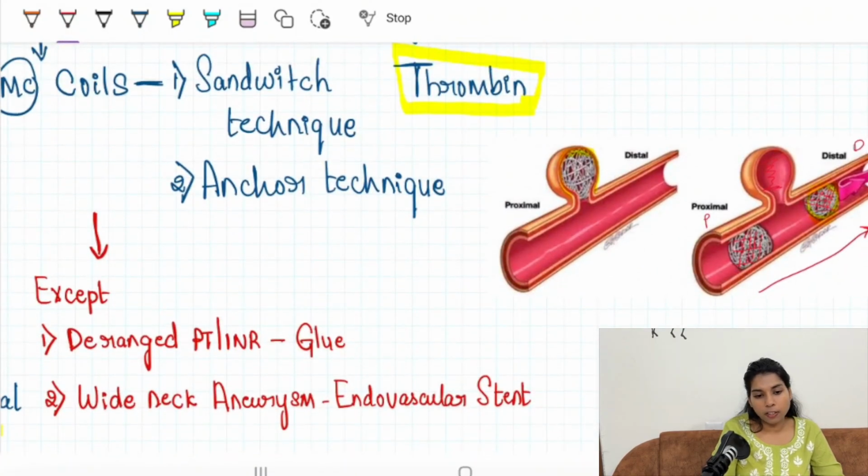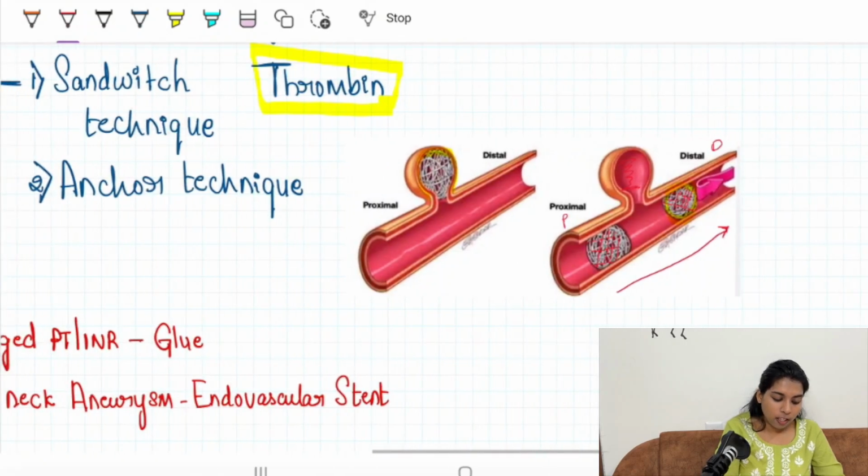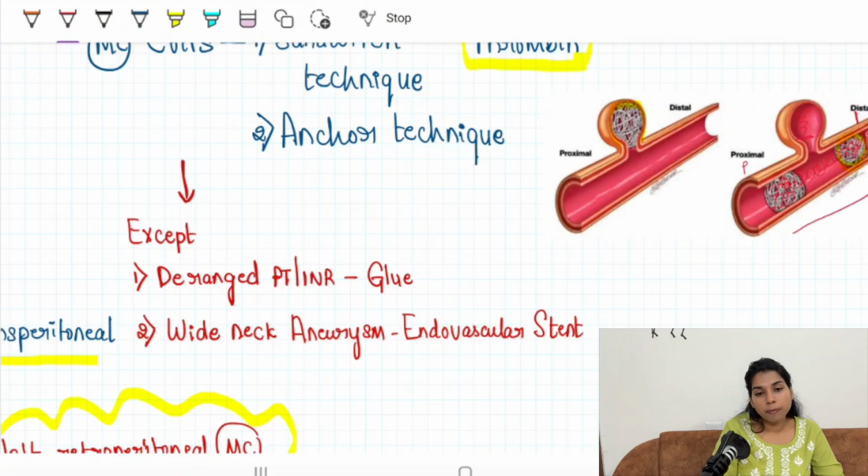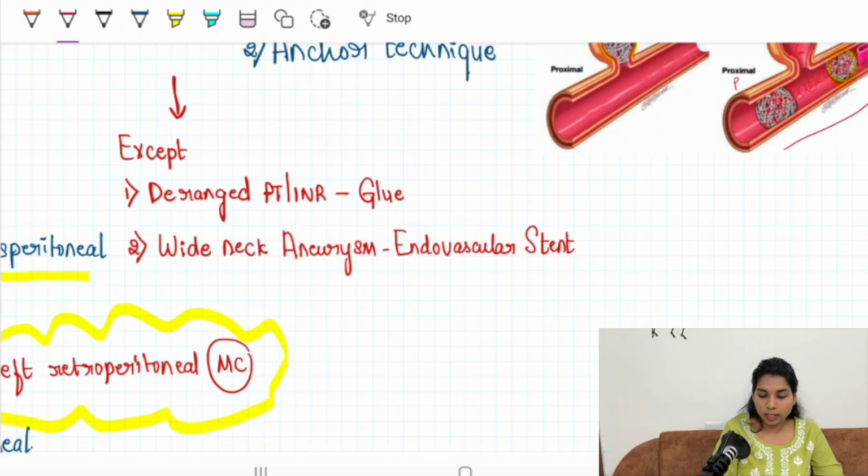Another technique we can use is the anchor technique, where you hook a distal minor branch and then continuously coil through the entire length of the artery. However, if the patient has a deranged PT INR, then you can't use coils, right? Because with a coil you are waiting for it to activate the fibrinolytic pathway and clot on its own.